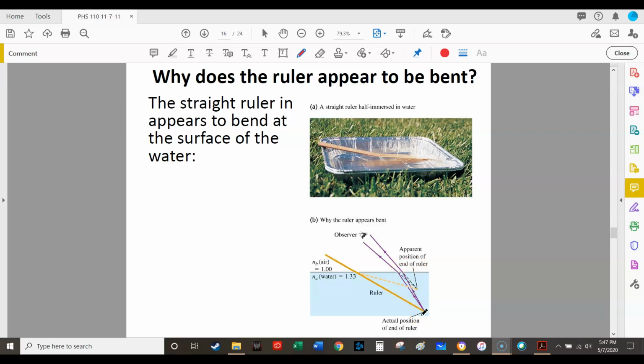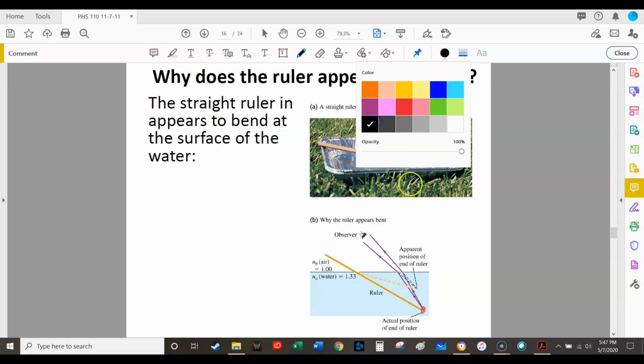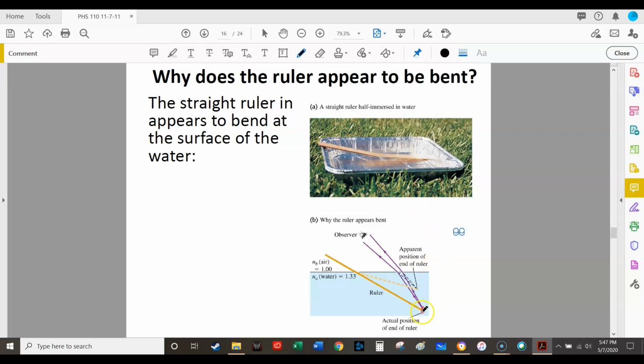So the ruler is actually right here, down here, and I should use black for this. The tip of the ruler is right here. When the light comes out, it's in the water, and it has a smaller angle here than this angle, so this is a less dense medium than the more dense medium.